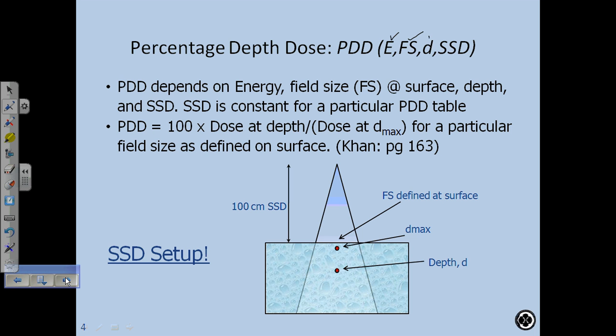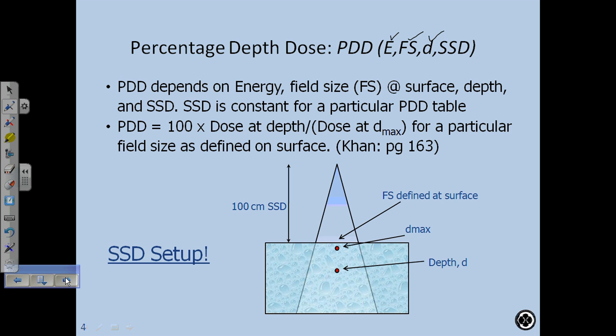And then depths. So PDDs depend on depth. What do you think the range of depths is? Usually we have PDDs down to a depth of 35 centimeters, from 0 to 35. We don't need to go much more because typical patient separations don't go much beyond that.